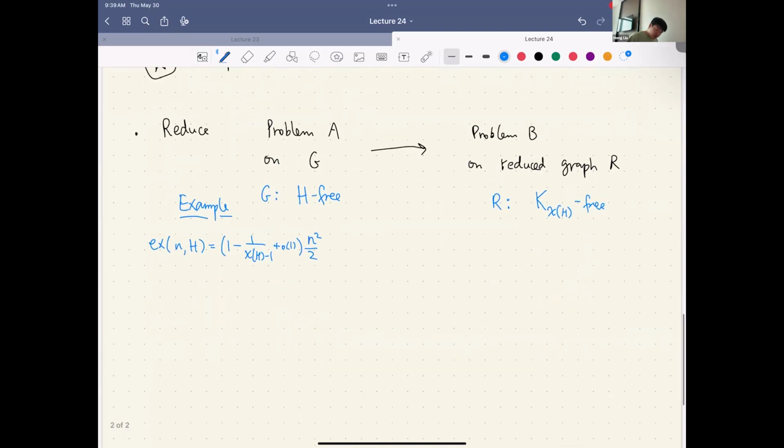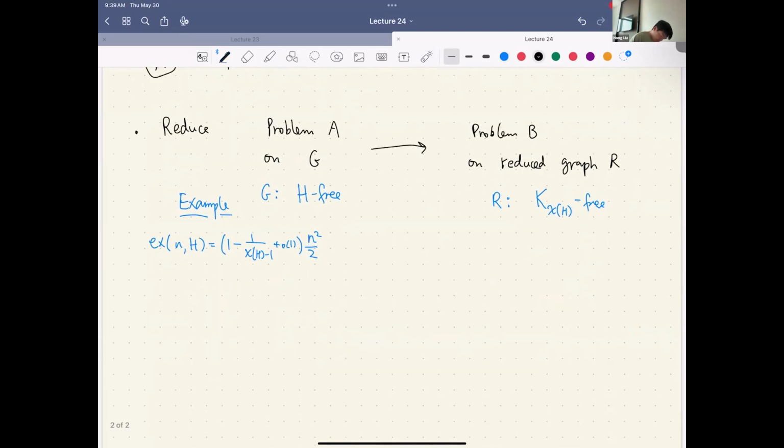So what is this reduced graph? The reduced graph is defined based on the regular partition.